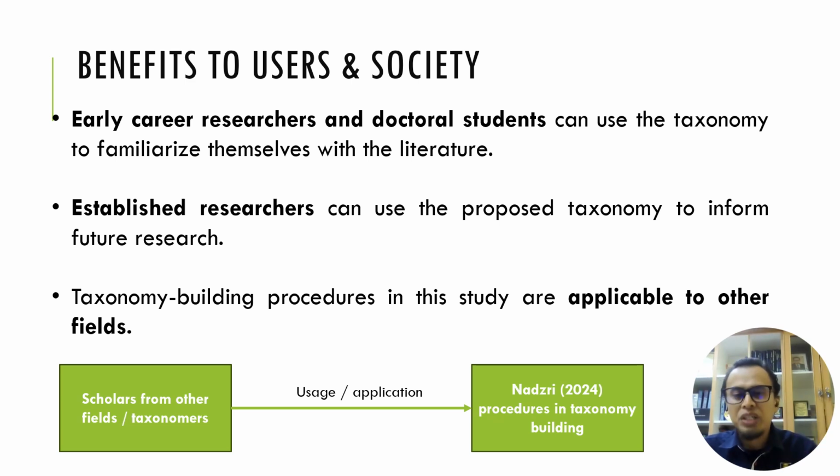So that will be the foundation for them to design what's next in the future. And third, taxonomy building procedures in this study are applicable to other fields. Open government data is a topic. Just imagine people in accounting, people in information systems. They can apply our process to come out with their own version of taxonomy.